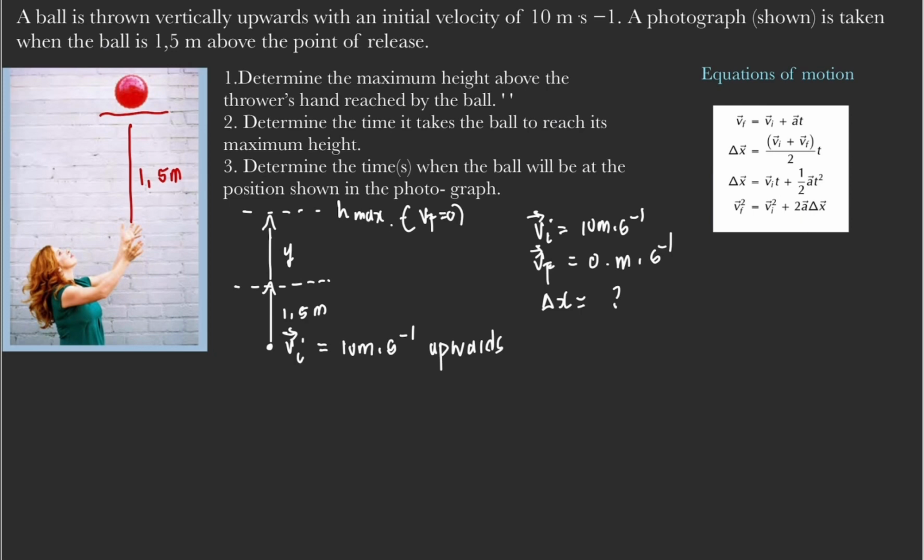That's something we're going to be looking for. Ideally it will be equal to 1.5 meters plus y, which will be your maximum height if you do it mathematically. The other thing we also know is the acceleration, because acceleration is always constant in vertical projectiles. So it's 9.8 meters per second squared downwards.